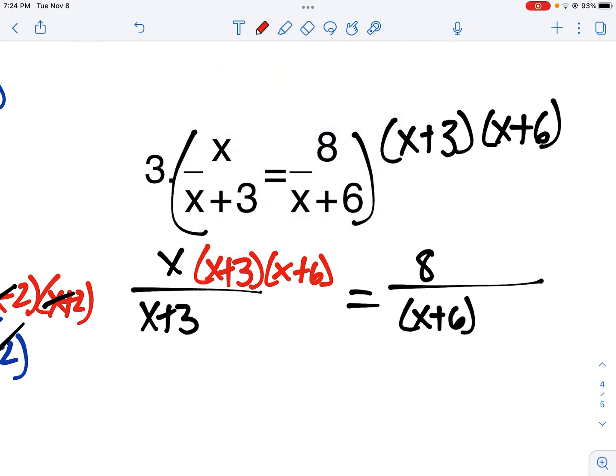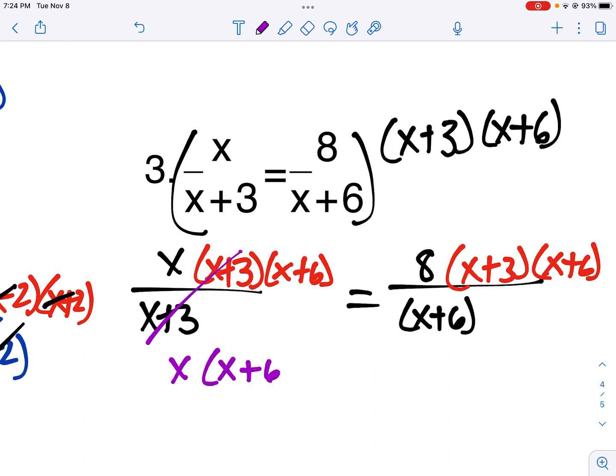And on the top, I'd have x plus 3, x plus 6. So let's reduce out some stuff. So we have x times x plus 6 equals 8 times x plus 3.